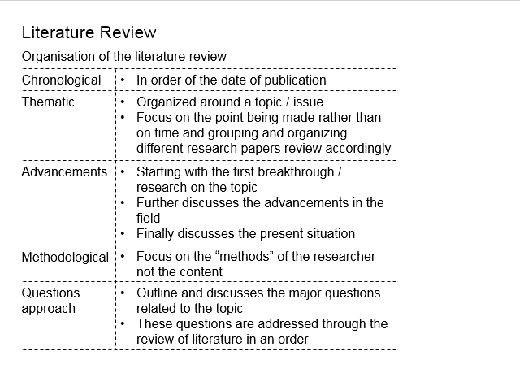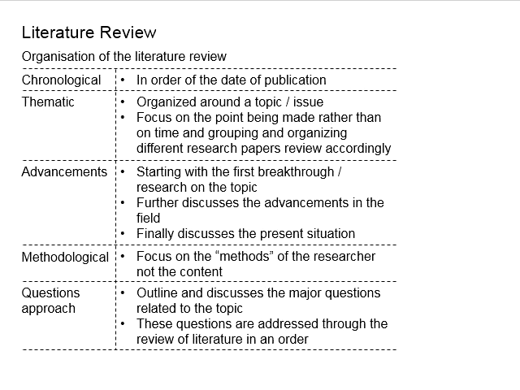The next way to organize your literature review is by advancement. It is basically starting with the first breakthrough of the research in the respective topic. Observe the trend of development of the research topic. When you encounter the next significant breakthrough, you will need to discuss that.